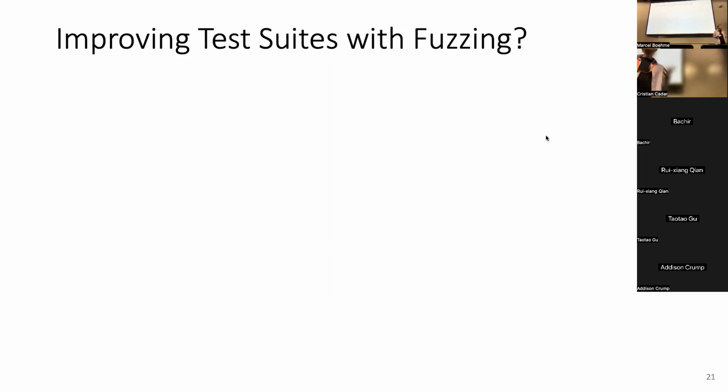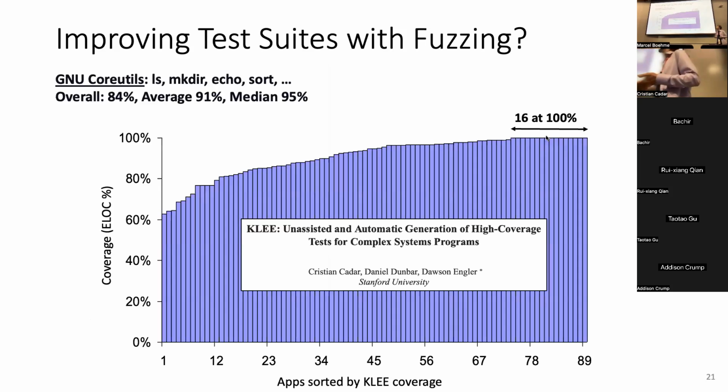And in fact, when I started to work on whitebox fuzzing, one thing that got me quite excited is the high coverage that fuzzing can achieve automatically, or semi-automatically, in many applications. This is the graph from the original paper that introduced CLI, showing the statement coverage achieved in these applications like LS, McDur, Echo, Sort, and so on. Right. So you can see these are fantastic numbers.